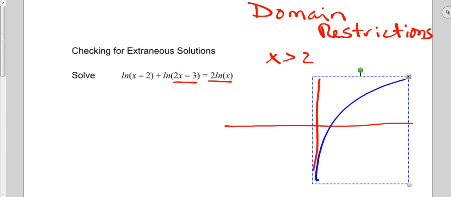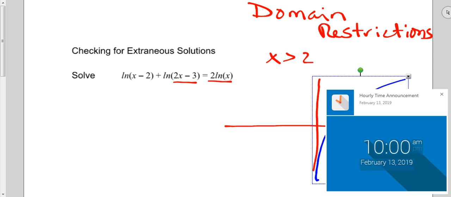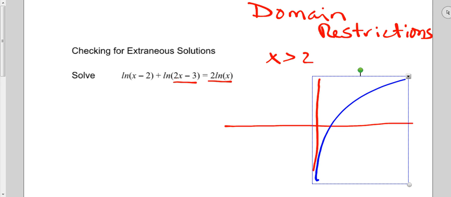Is that more restrictive or less restrictive than X is greater than 2? Less restrictive than X is greater than 2. So this is really the most restrictive domain restriction that I have, right? So if I get any solution, when I do all that algebra that we learned how to do yesterday, that is less than or equal to 2, what do I have to do with them?